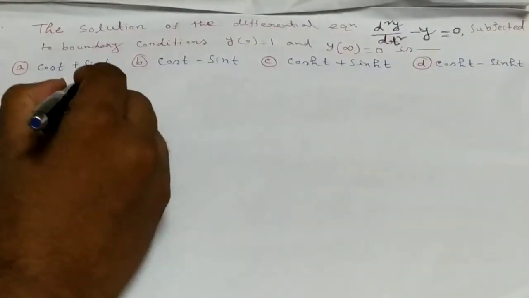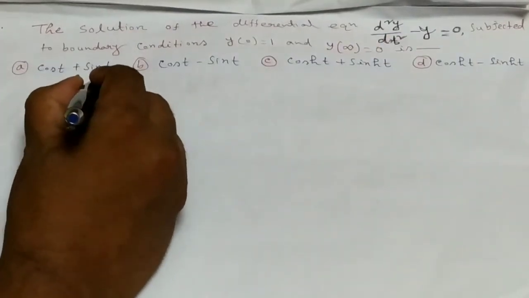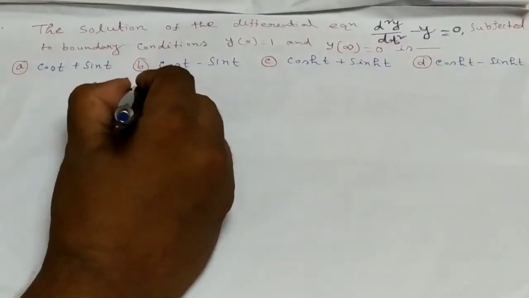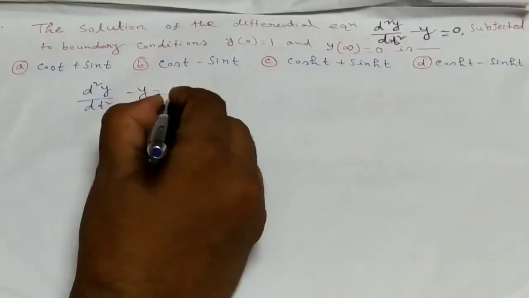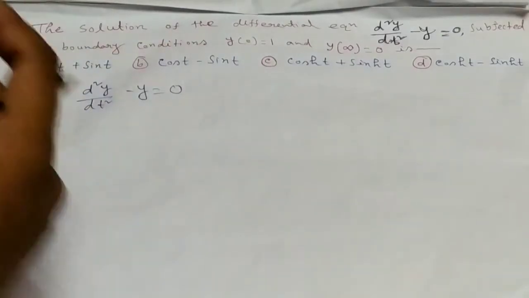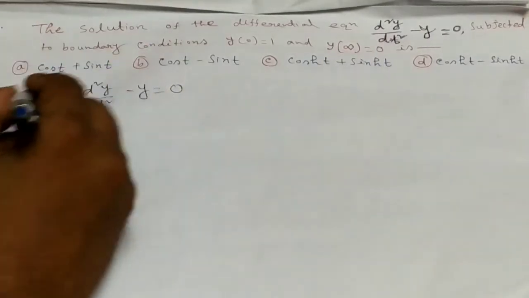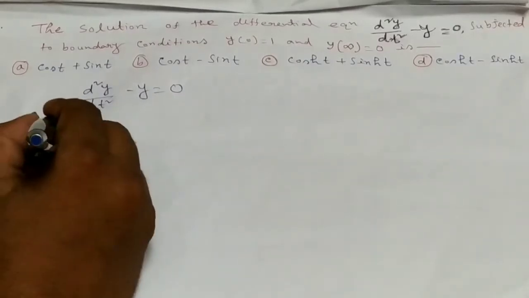So the differential equation is given by d square y dt square minus y is equal to 0. Here the q term is 0, so it is a homogeneous differential equation. Now we solve this equation. Here we only calculate the complementary function.